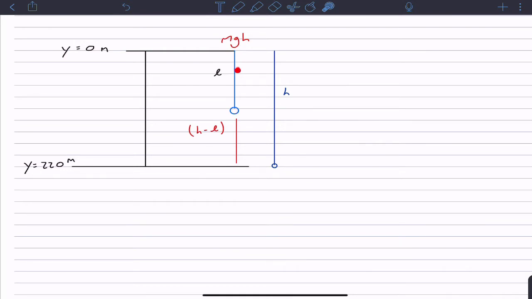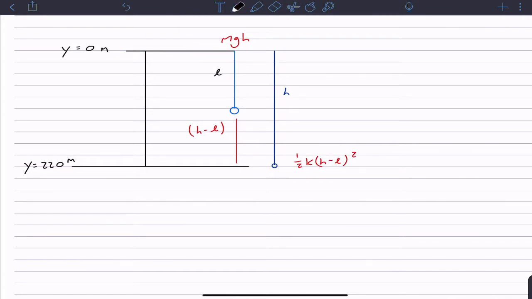As you jump down, it's going to extend all the way to the bottom. Gravitational potential goes away, and we only have the displacement of the spring from equilibrium. So that gives us half kx squared. Or rather, in this case, it's actually half k times h minus L squared.